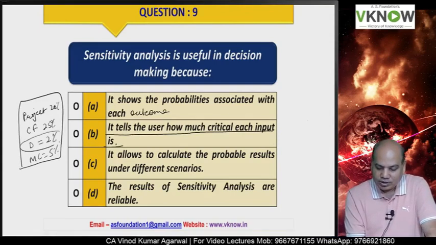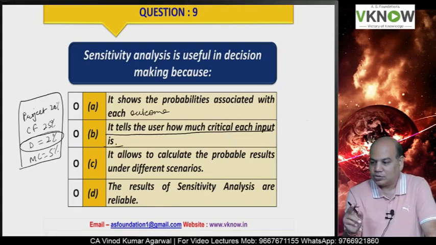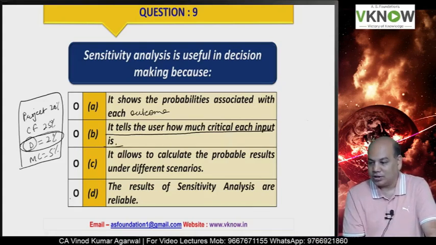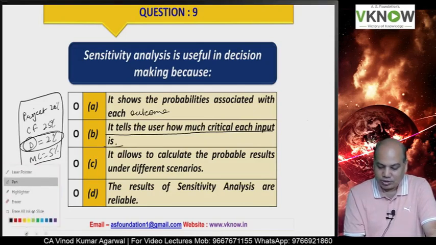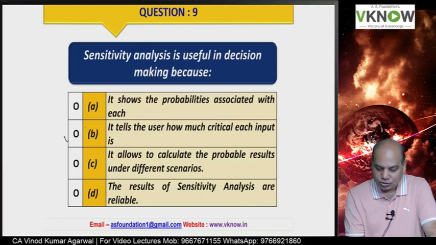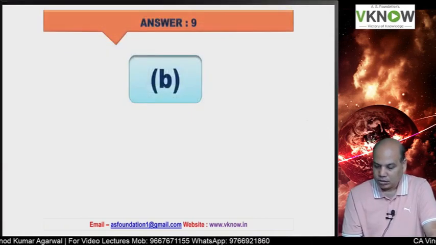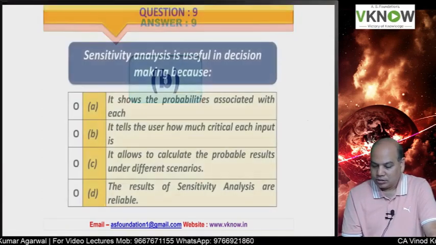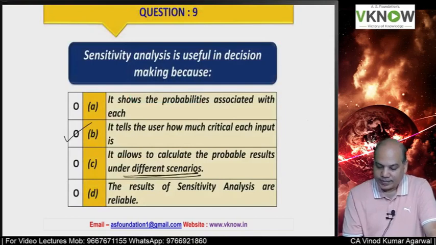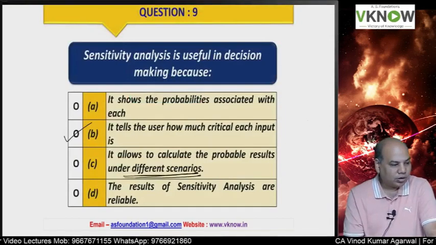For example, if the sensitivity analysis gives you 2% only, it means discount rate is very critical. Change in discount rate even by 2% can affect the project. So you will tick mark B. B is the right answer. This option is for scenario analysis. A and D are totally wrong.